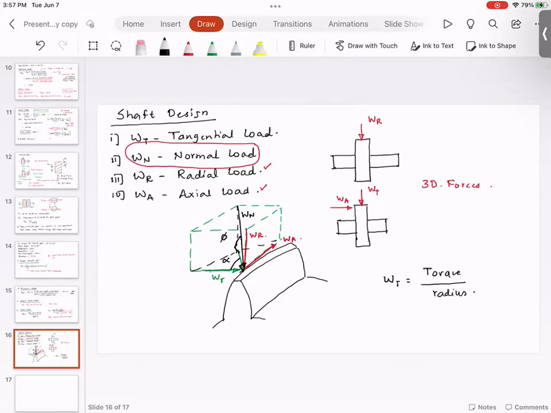We find out the bending moment in the horizontal direction, and the bending moment in the vertical direction.